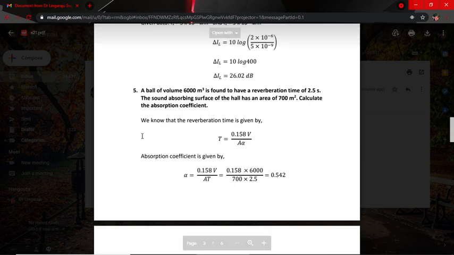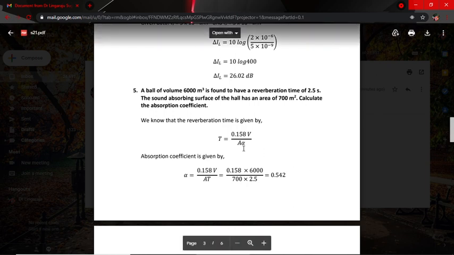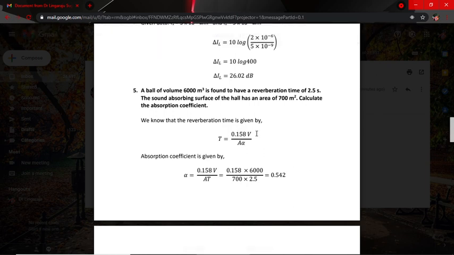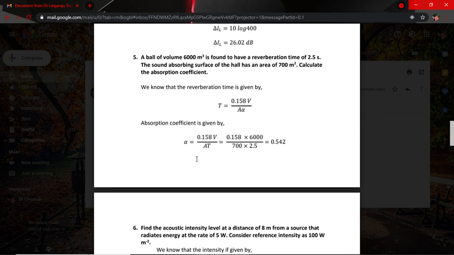We discussed in theory already that the reverberation time is given by T is equal to 0.158 V by A alpha. So the absorption coefficient alpha is equal to 0.158 V by A T, because you have to calculate alpha, the absorption coefficient.